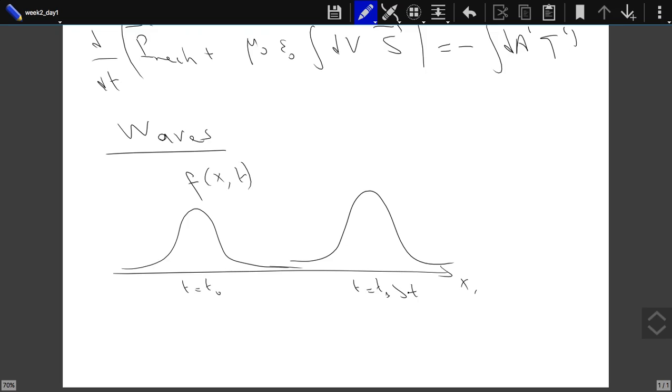For us, the non-dispersive medium will just mean that the velocity of the wave is independent of the frequency. That is not necessarily the case. For example, for light, we will eventually see, when we study electromagnetic waves in a medium, that different frequencies behave differently in a given medium. So that is what we call a dispersive medium.